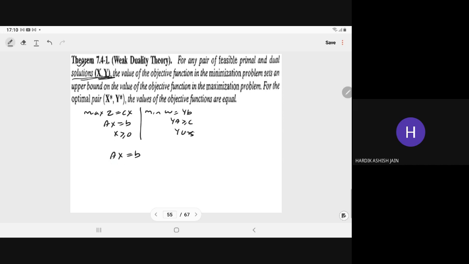So if you pre-multiply both sides by y, we get yAx = yb, and yb from here is equal to w. And the feasible condition of the dual is yA ≥ c.